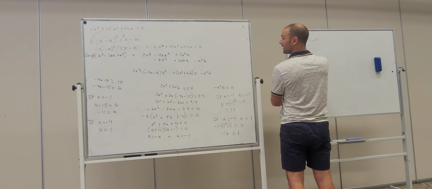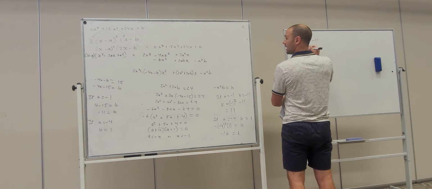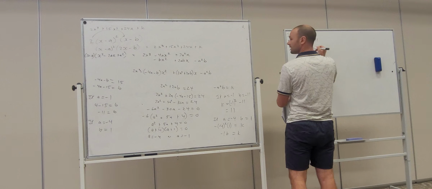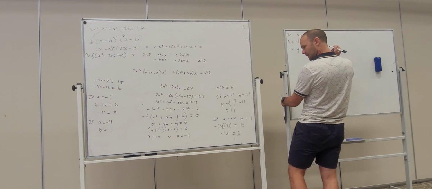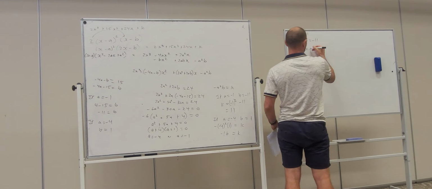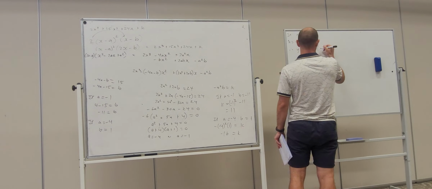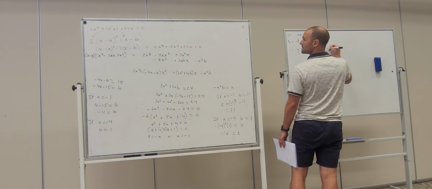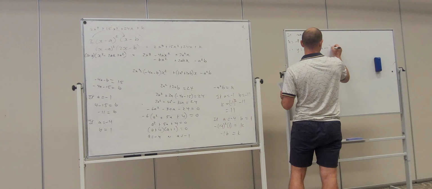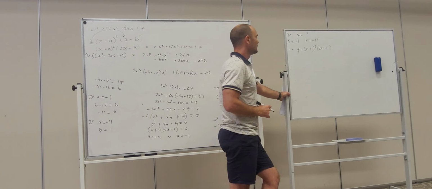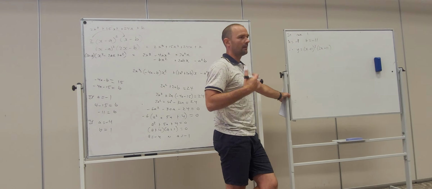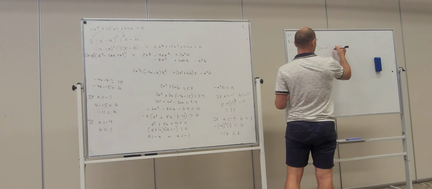The polynomial then is x take a squared, so x take minus 1, so x plus 1 squared, times 2x take b, so 2x plus 11, and apply the null factor law here for these solutions, right?